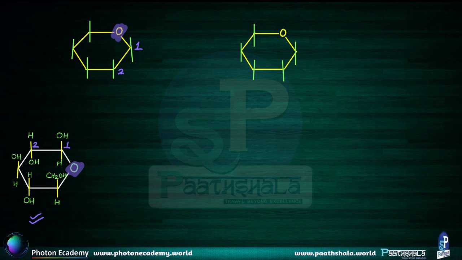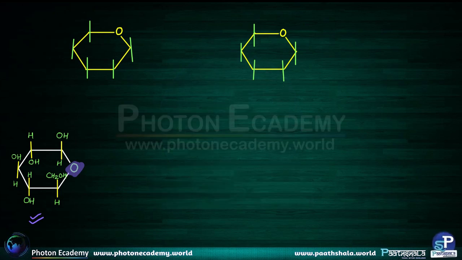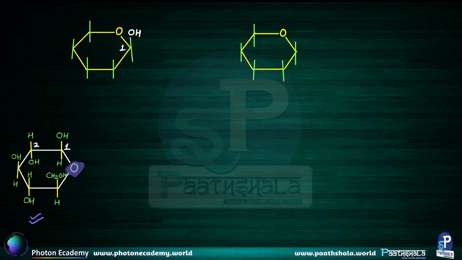So what am I going to do about all this? I'm just going to rotate this whole cyclic structure a little bit. I know my first carbon was here and the second one was here. So in this first one, having decided this as the first position, I take the OH on the top and the H at the bottom. Now I move on to the second carbon and do exactly the same thing.